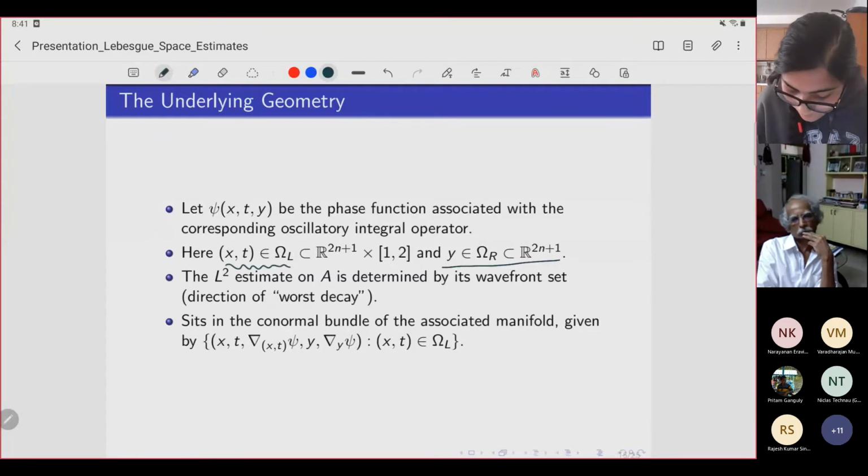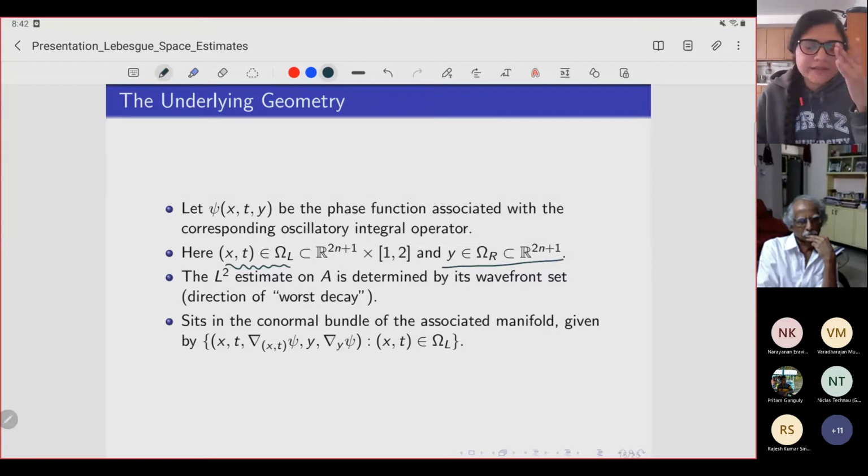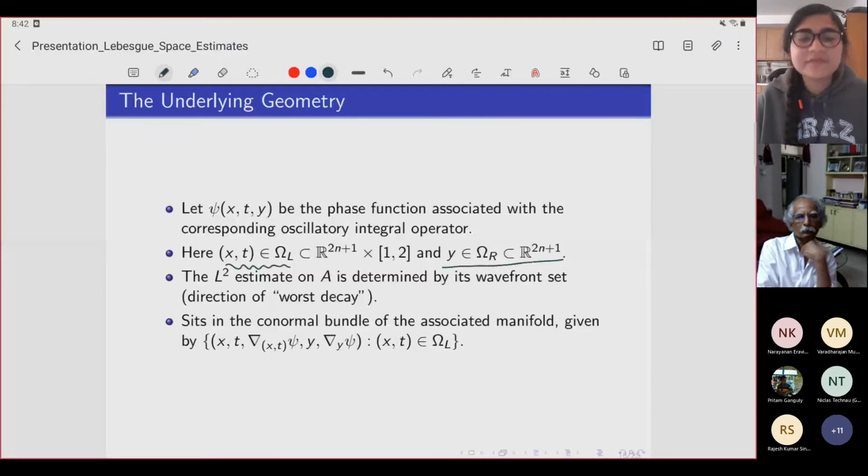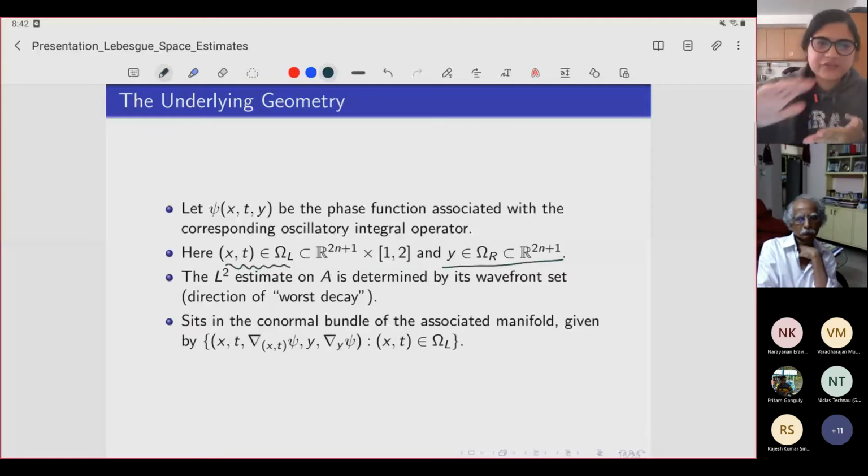Whereas y is drawn from omega R, for right, which sits in R^(2n+1). It's a 2n plus 1 dimensional set. And there's already some nice theory to understand the L2 estimates for this Fourier integral operator, which says that the L2 estimate on this operator is determined by its wavefront set. And how you should imagine it is like the direction of the worst decay, right? And that determines the L2 estimate.